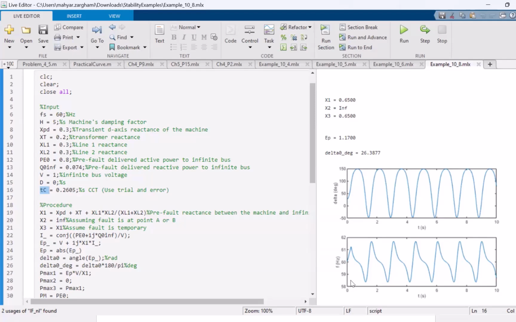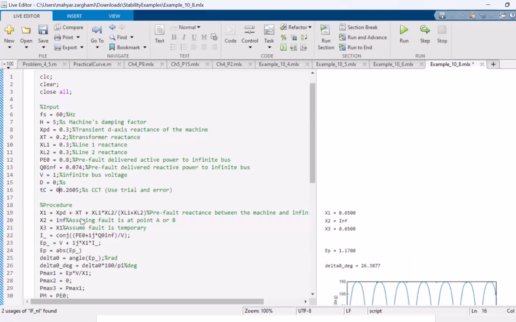So somewhere around this time, we're going to clear the fault. Now we're going to change that clearing time through trial and error and see the behavior of the system, okay? So if, for example, your clearing time is small, 0.1 seconds, and run.